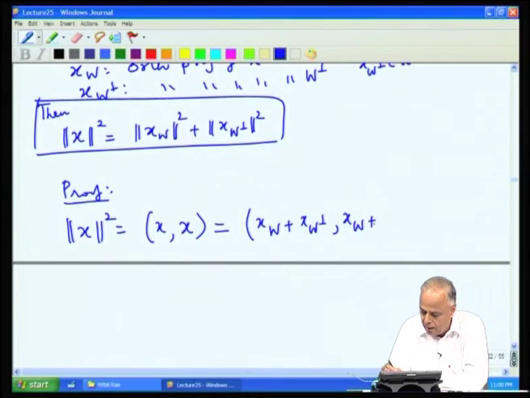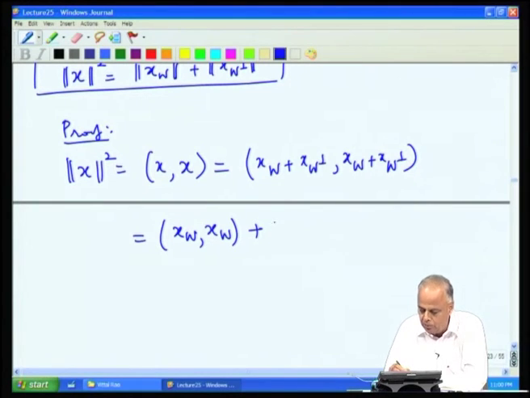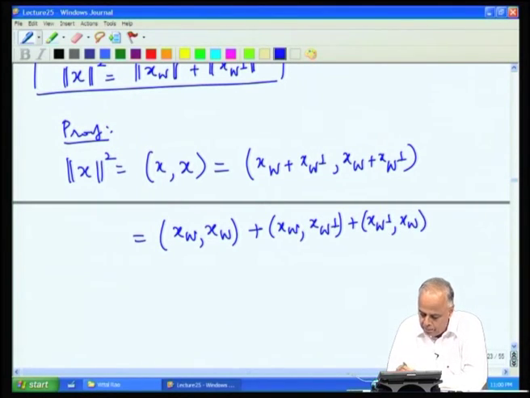So, we write like that, and the dot product is distributive, so we can take out the individual products. This will be x_W dot x_W plus x_W dot x_W perp plus x_W perp dot x_W plus x_W perp dot x_W perp.